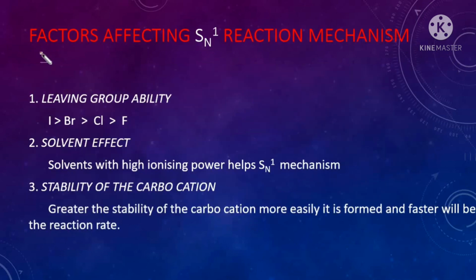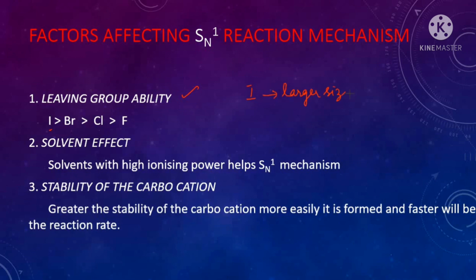Understood, students? See, next we should know the factors affecting the SN1 reaction mechanism. Actually, the important factors affecting this SN1 mechanism are, first, leaving group ability. See, what I mean by leaving group ability? See, let us check. There are different types of halogens, right? Iodine, bromine, chlorine, fluorine. Among these halogens, iodide ion has the larger size, right?